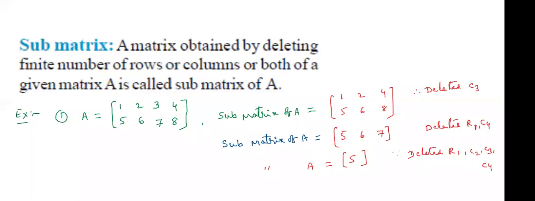That is one condition. To find the rank, the matrix should be non-singular. For a 3 by 3 matrix, if det of the 3 by 3 is not equal to 0, we get the rank. If det is equal to 0, then we delete some rows and columns.